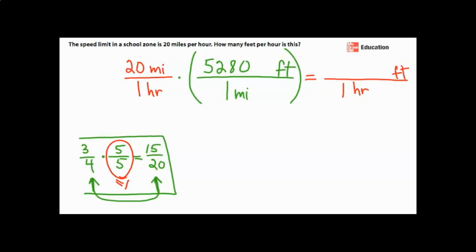Now, how does multiplying this help us do the conversion? Well, the miles divide out. We have 1 in the numerator and 1 in the denominator. In the denominator, we have 1 times 1, or 1 hour.